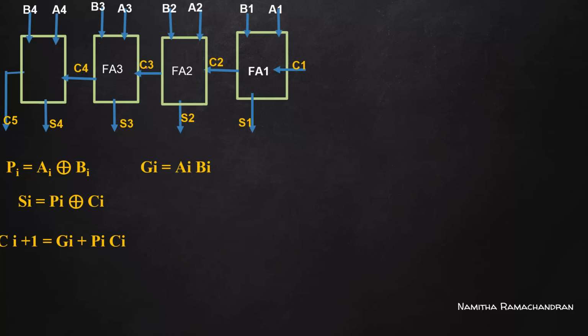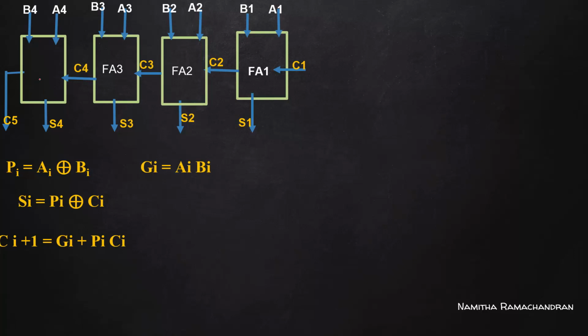After generating the C3, full adder 3 starts execution using B3, A3, and C3, and generates the third sum value S3 along with the next carry output C4. Our fourth full adder uses this C4 carry along with A4 and B4. It generates its sum bit S4 and carry output C5.